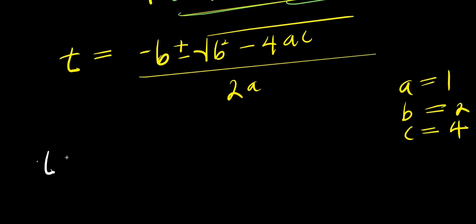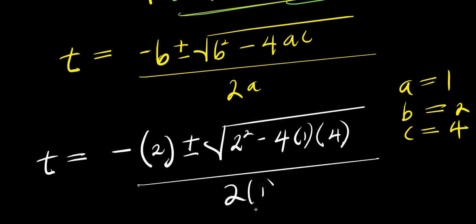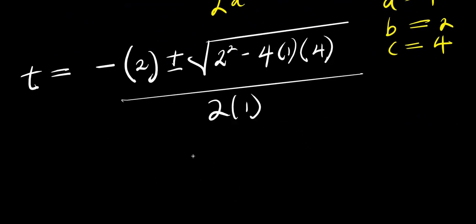So from here, we have t equals negative 2, b is 2, plus or minus square root of b squared, that is 2 squared, minus 4 times a, that is 1, times c, that is 4, divided by 2 times a, that is 2 times 1.